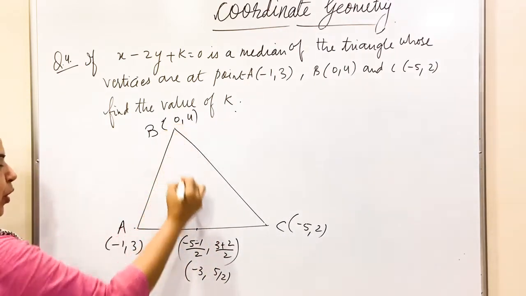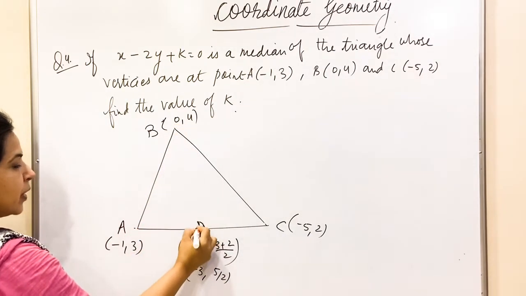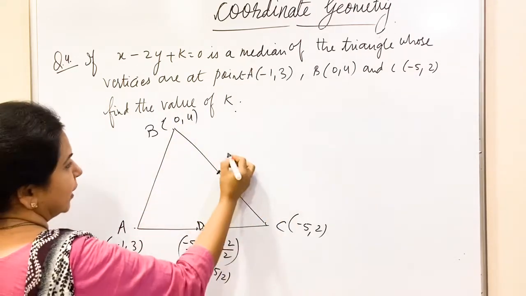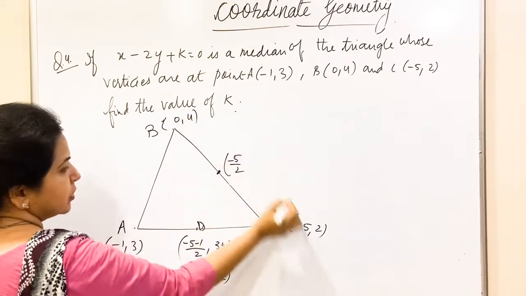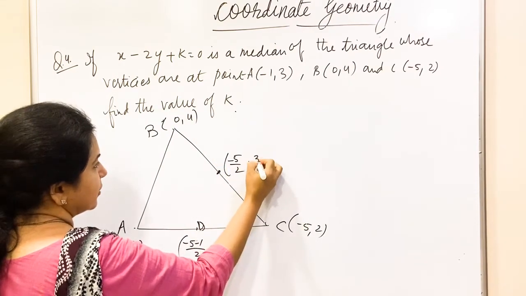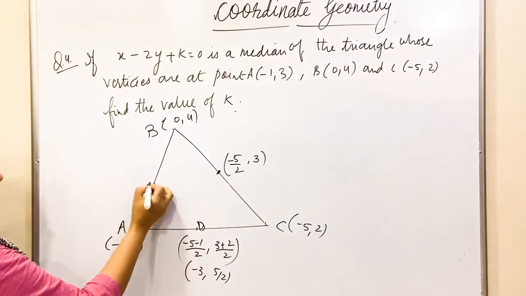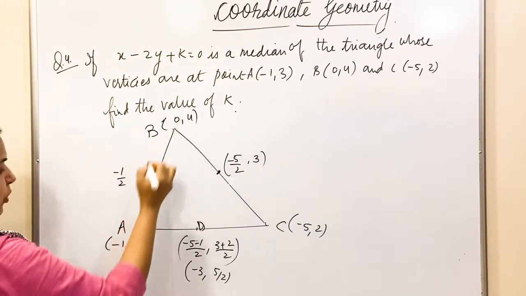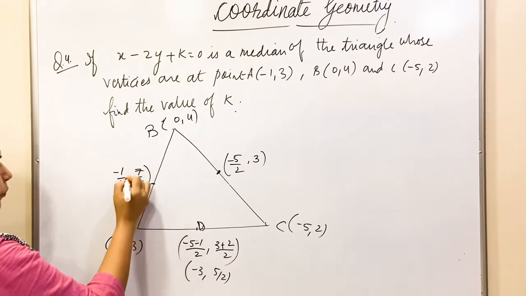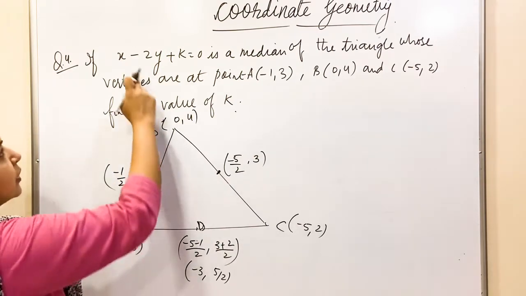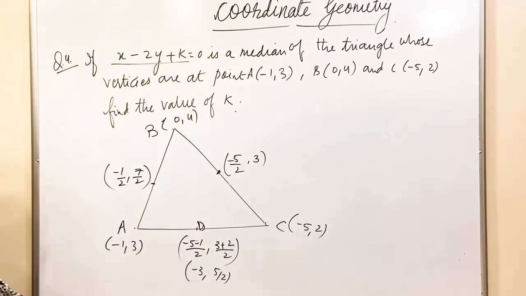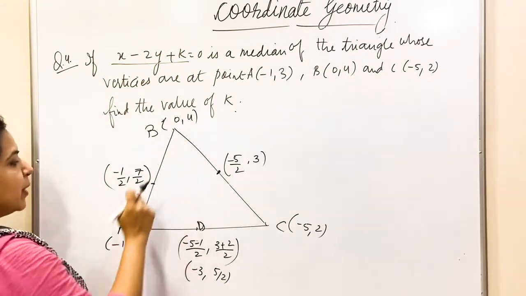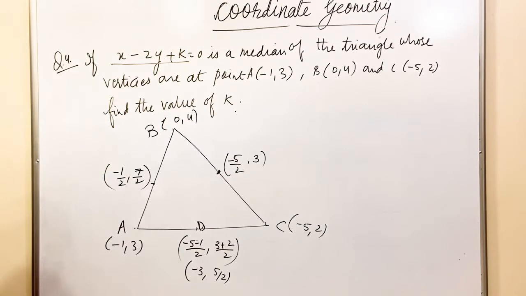This is the midpoint, that is (minus 3, 5 by 2). This is the midpoint D, suppose. Similarly, find the midpoint of this also, (minus 5 by 2, 6 by 2, that is 3). And the midpoint of this is (minus 1 by 2, 7 by 2). So this is the given median. So it must pass through one vertex and the midpoint of the opposite side.